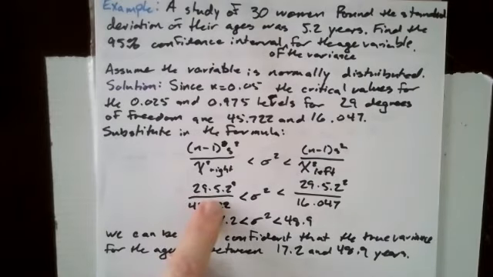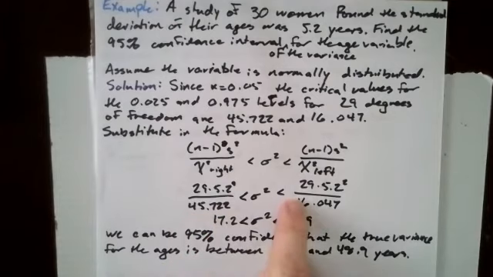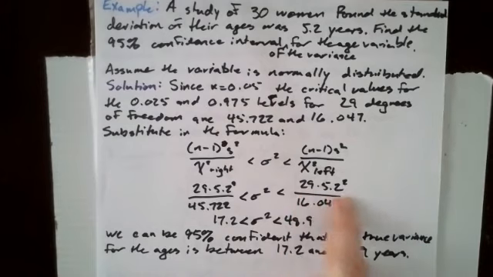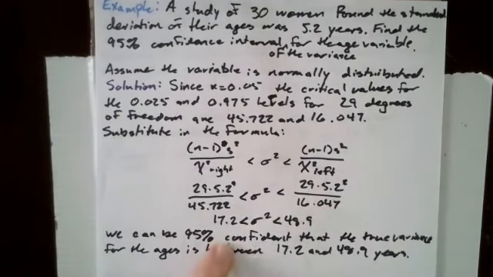And then we've got 29 times 5.2 squared over 45.722 is less than sigma squared is less than 29 times 5.2 squared over 16.047, which gives us 17.2 is less than sigma squared is less than 48.9.